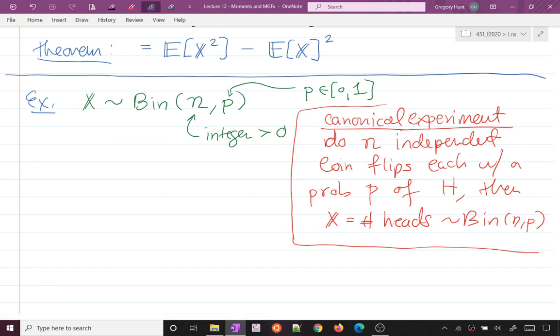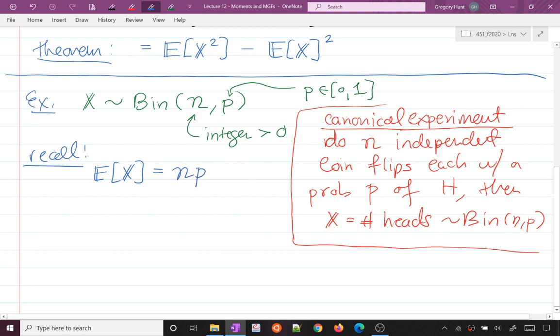And if you recall, I think last time we looked at the expected value of this. We said that if X has a binomial distribution, then the expected value is just the product of the two parameters, n and p. And that can be interpreted as: I do n independent experiments, each with probability p of heads. How many heads do I expect? On average, in expectation, I expect about n times p.